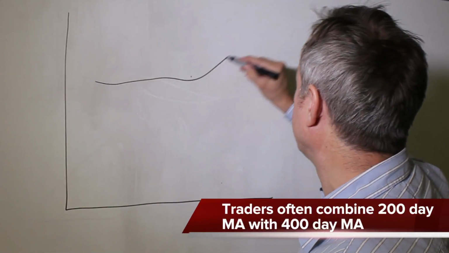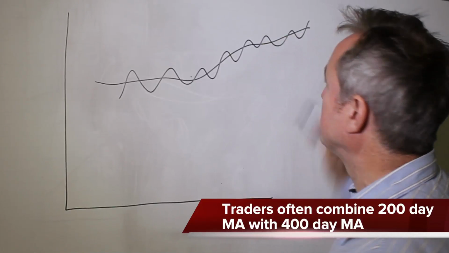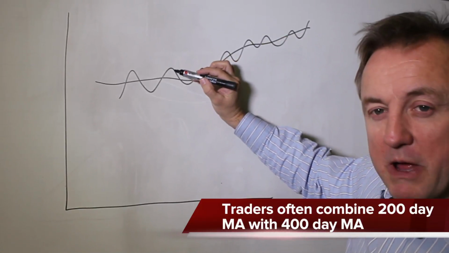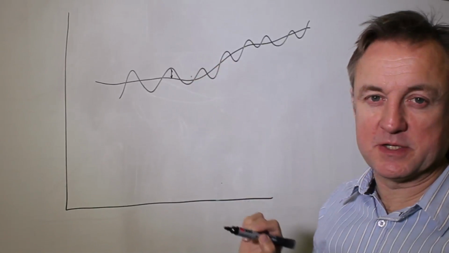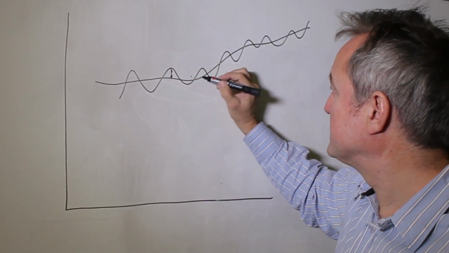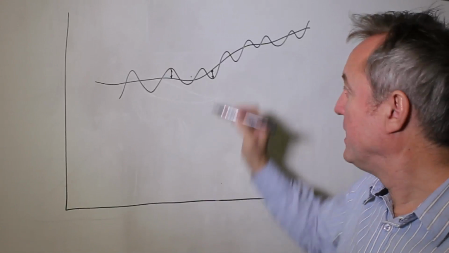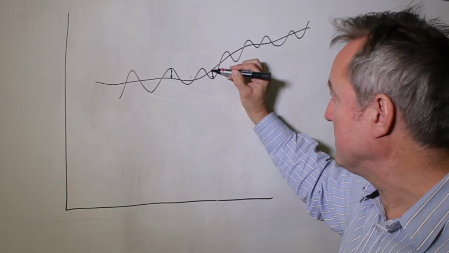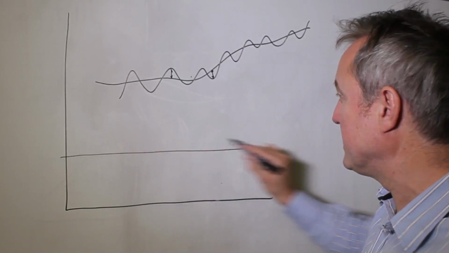The two averages combined, when this distance is greatest, suggests overbought, and when it's greatest on the downside, it's oversold. So looking at the distance between the two averages creates an automatic buy-sell situation.